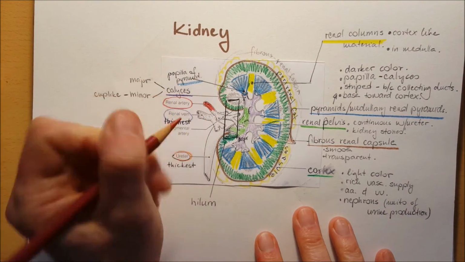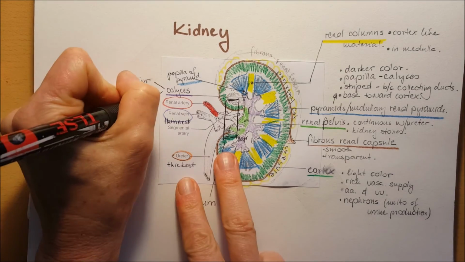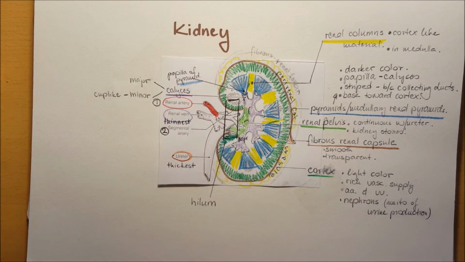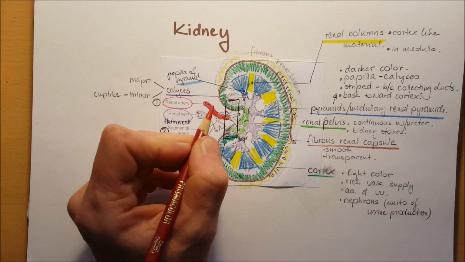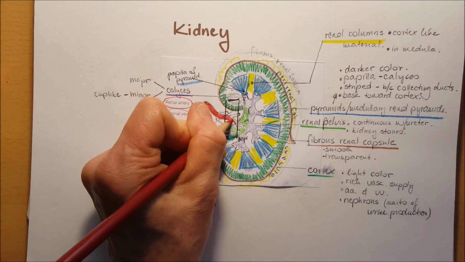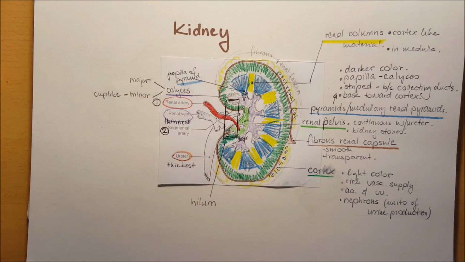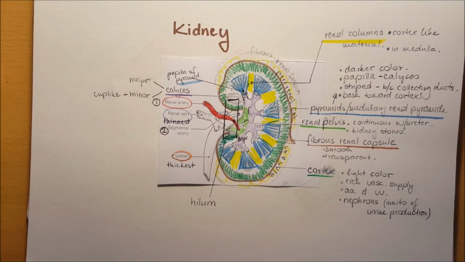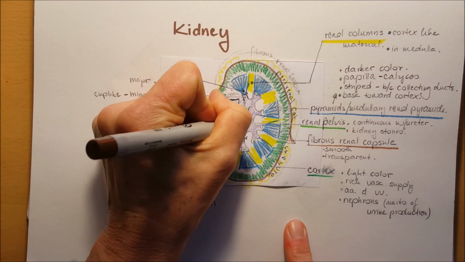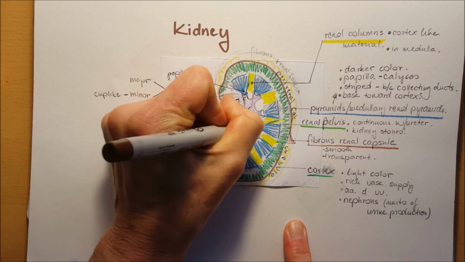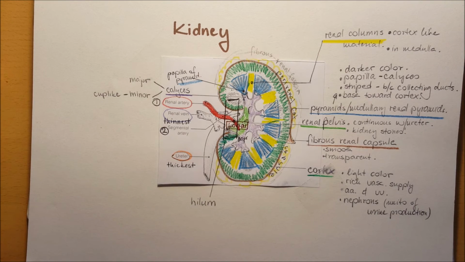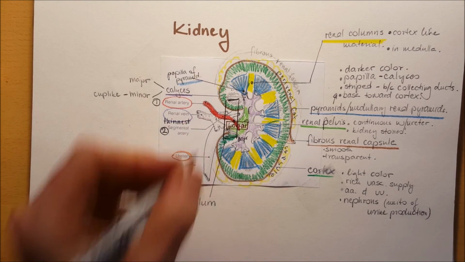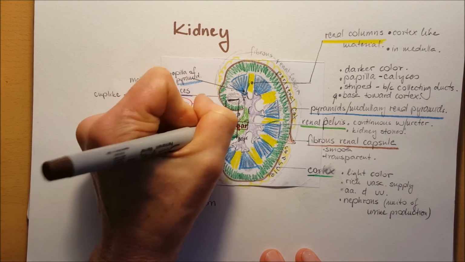Renal artery goes through the hilum, goes towards the kidney and divides up into segmental arteries, and the segmental artery enters the hilum. After the segmental artery, it divides up into lobar artery, L-O-B-A-R artery.